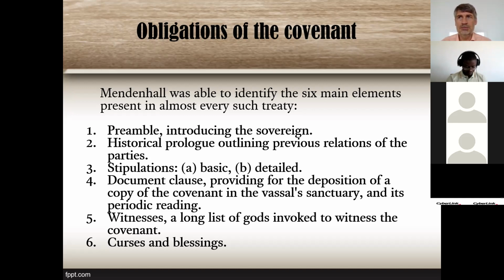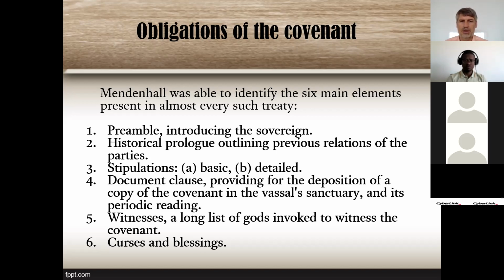And this was done because at that time, you see, there was no kind of international law, and in order to protect themselves, they made these kinds of covenants, agreements with different parties. So we will come back to this structure of the covenant when we speak about the book of Deuteronomy, and we will see that the book of Deuteronomy is done exactly according to this pattern.